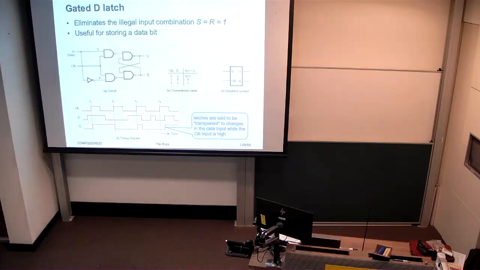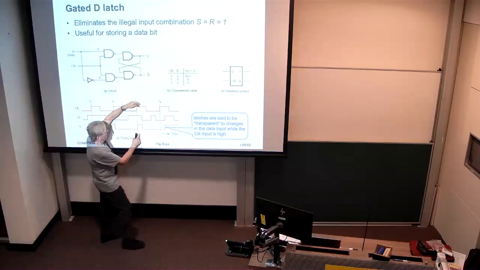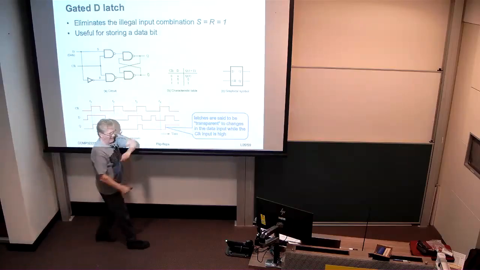So they're said to be transparent. That isn't necessarily desirable either. Maybe you want a memory element that just changes once, on an instant, every clock period, right? It doesn't have multiple changes like we see here in this period or in this period here.